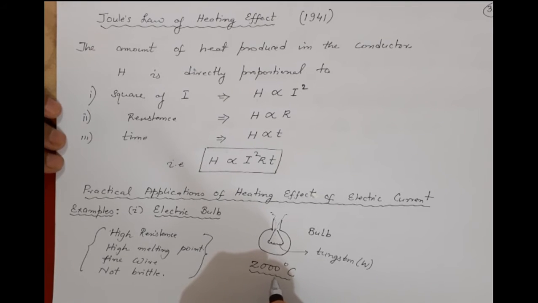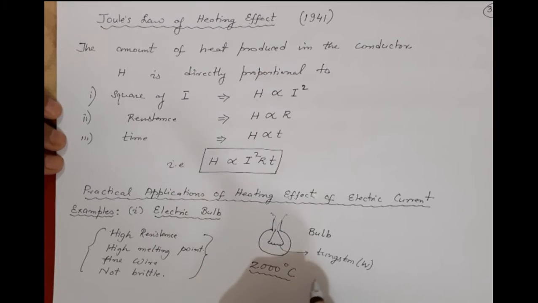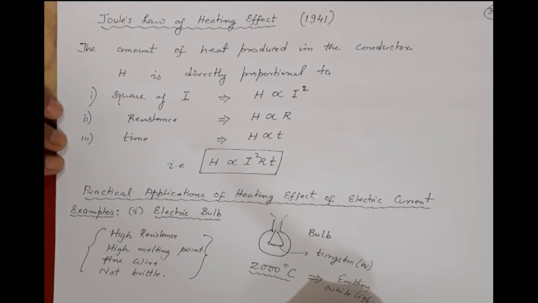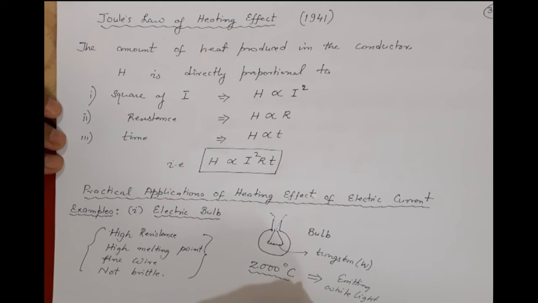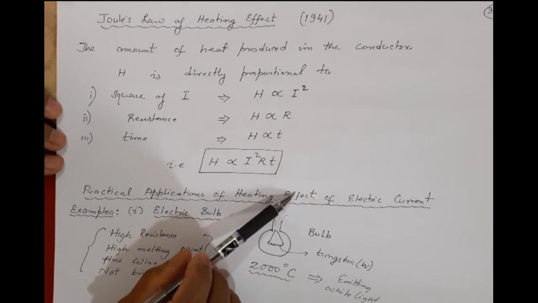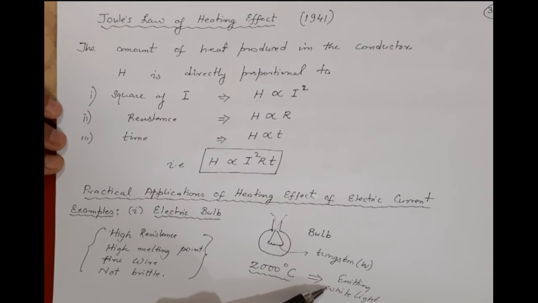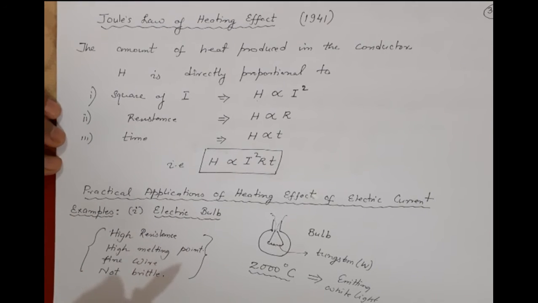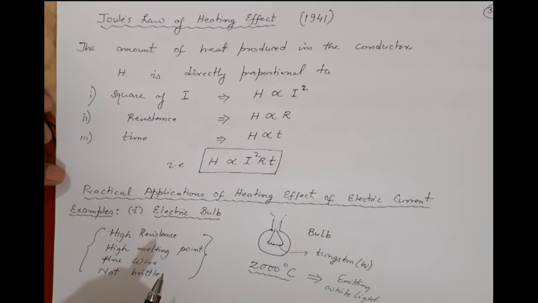When it becomes very hot, it starts emitting white light. This is what we call the bulb glowing. This application of heating effects has given us light to see things in the dark.